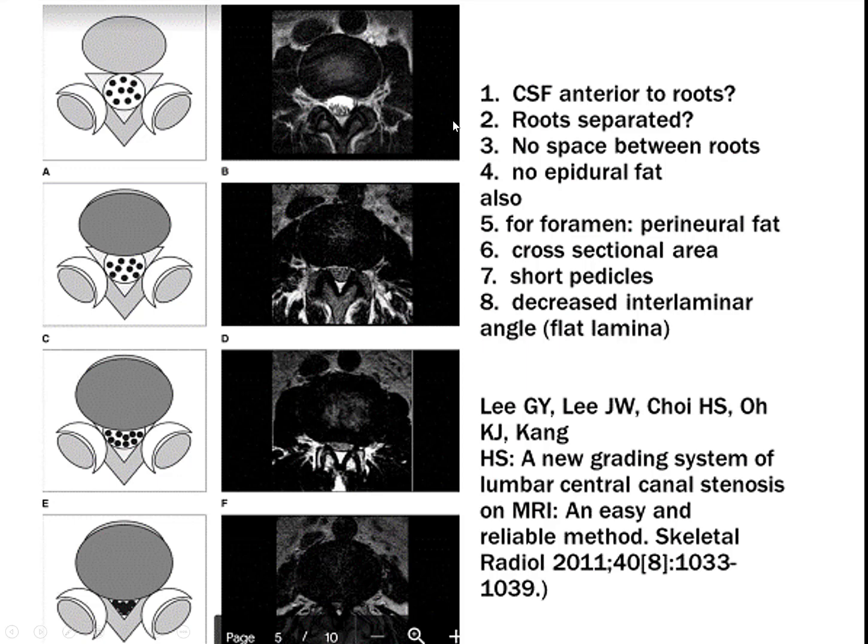But this is a very interesting article because they describe the stenosis as related to the nerve root. They ask, is there cerebrospinal fluid anterior to the nerve root? You can see here the spinal canal has plenty of CSF in front of the nerve roots, and here you have no CSF around the nerve roots. So that's one measure of stenosis.